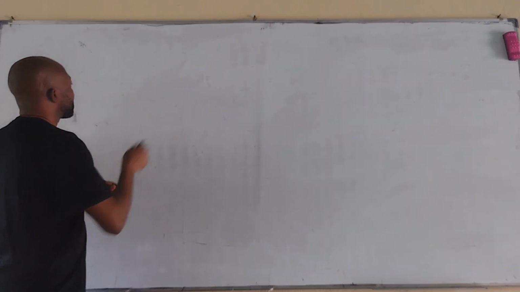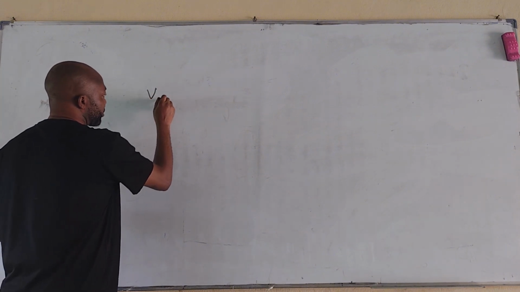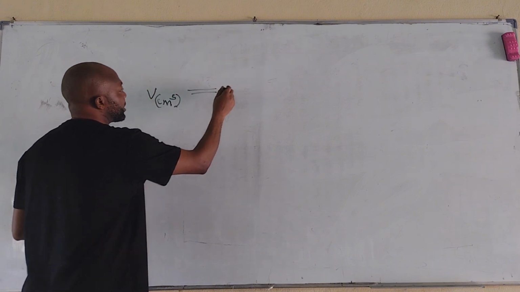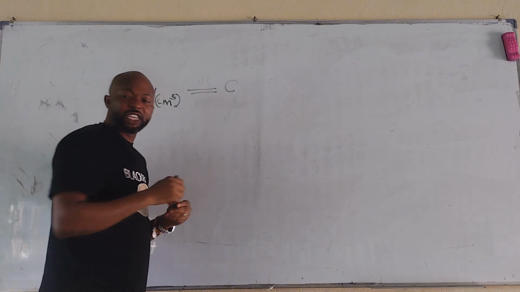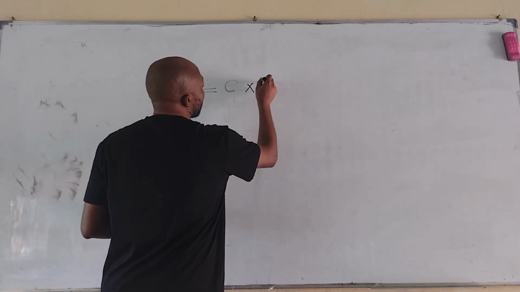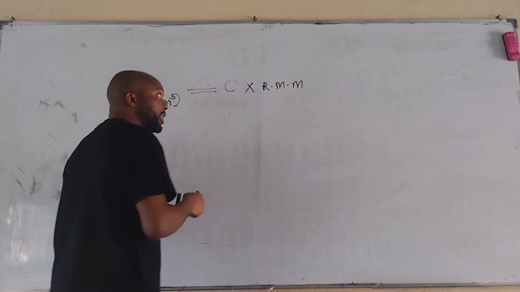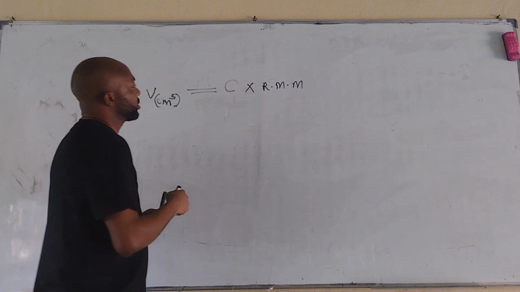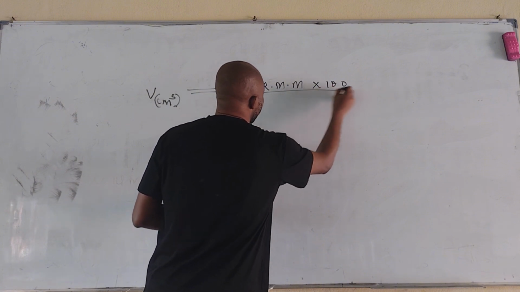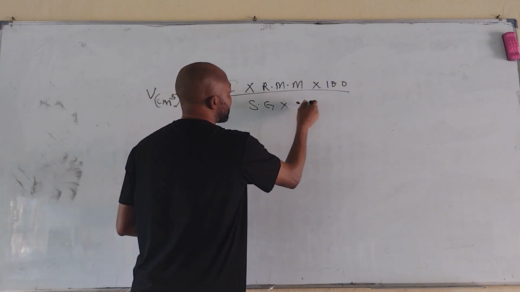Let's use this. So we have our volume is often in cm cube. So for the first time, I'm going to write it down here. In cm cube, which is C for the molar concentration times relative molecular mass of the acid you're preparing times 100 all over the specific gravity times the percentage purity.